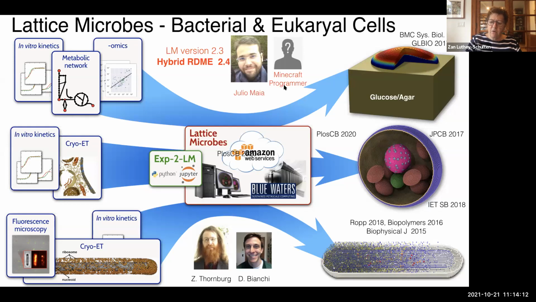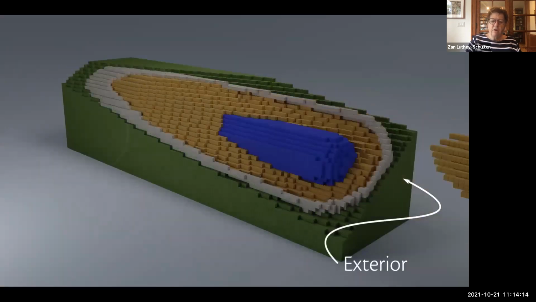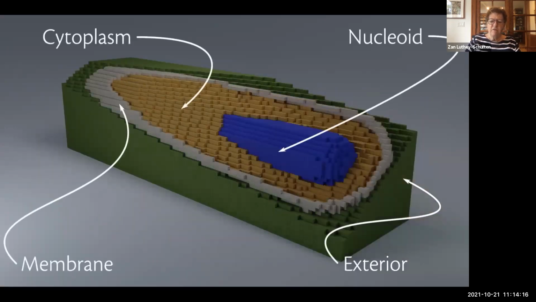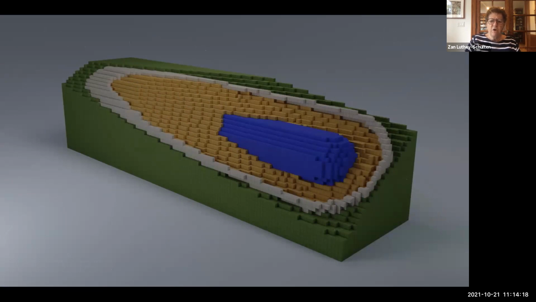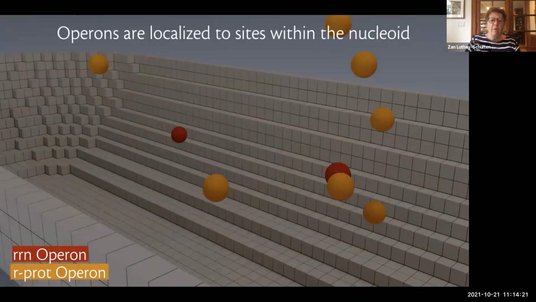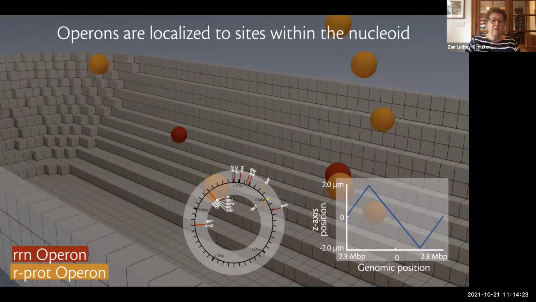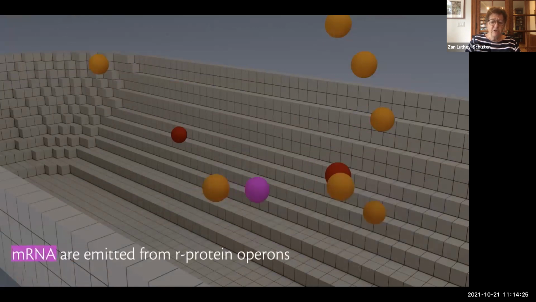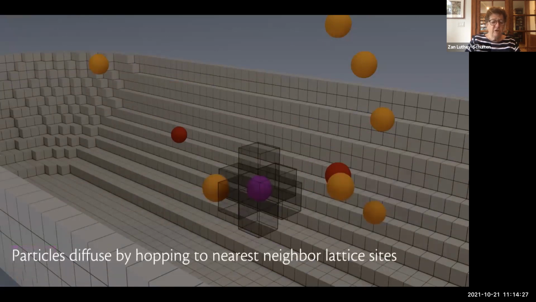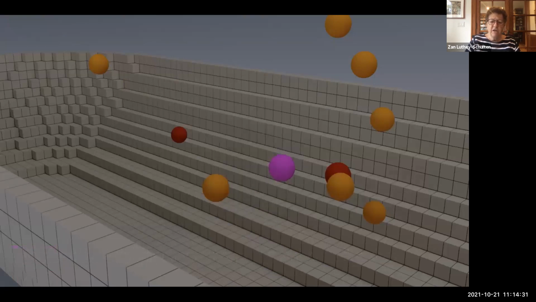So there's everything that people have developed on a molecular level that can be used in these simulations. All right, so let's take a quick look. This is a simulation of an E. coli cell. As I said, what we want to look at is ribosome biogenesis. So we have a messenger, say, coming from a gene. And of course, it can diffuse.